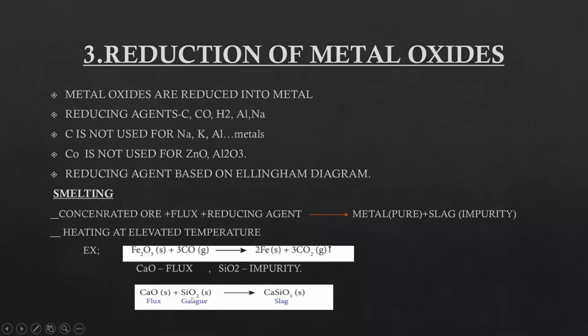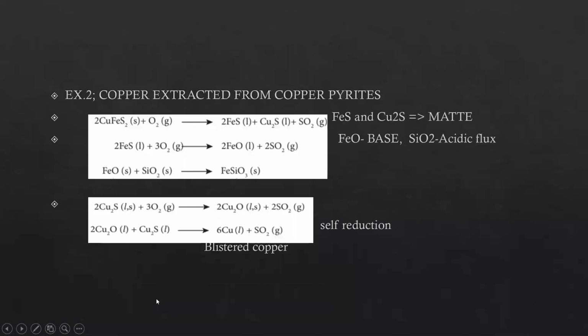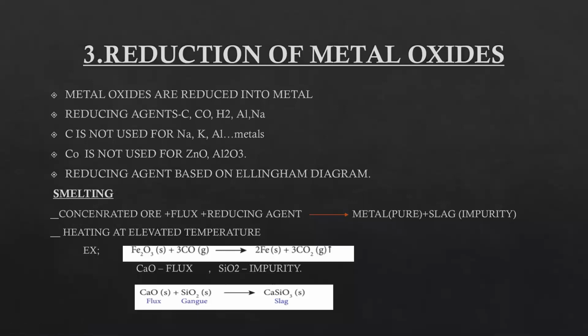SiO2 is the impurity already present in the Fe2O3. CaO we add as the flux to that reaction. Both the flux and the impurity present in Fe2O3, SiO2, react with each other.